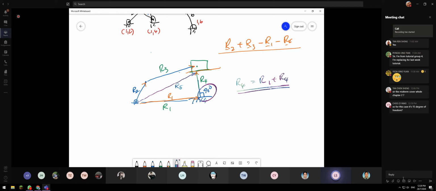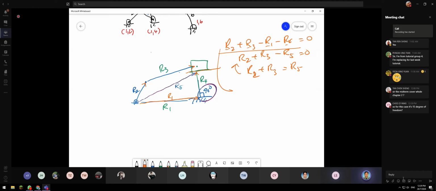No, you don't need to. Once you reduce this from this equation, you can come down to R2 plus R3 minus R5 equals 0. All right. So the other alternative is you can say R2 plus R3 equals R5 based on this one.